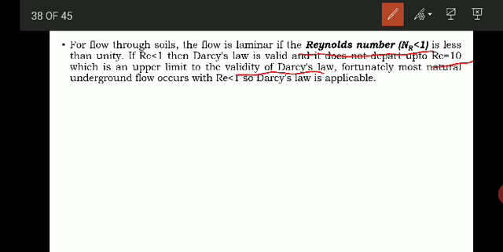Fortunately, most natural underground flow occurs with a Reynolds number less than 1, so Darcy's law is applicable in the case of groundwater flow. Here the Reynolds number should be less than unity, that is important.